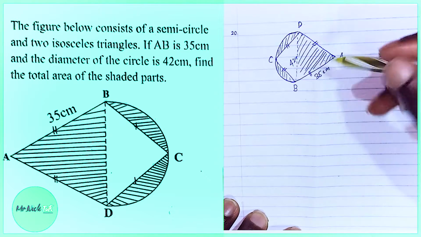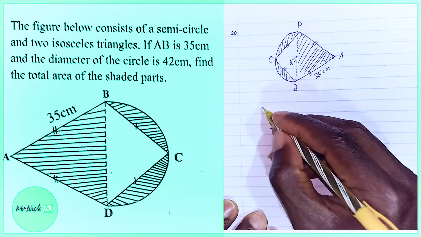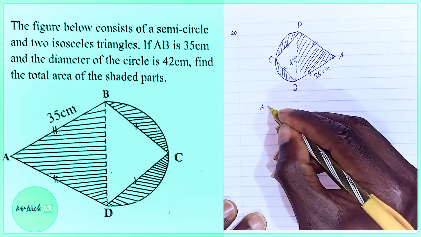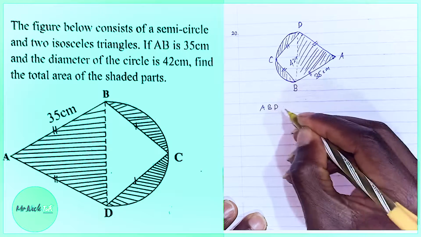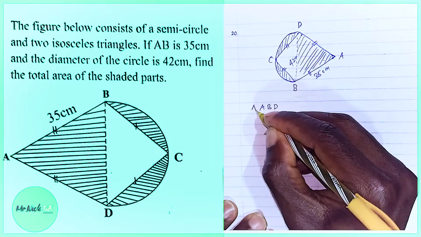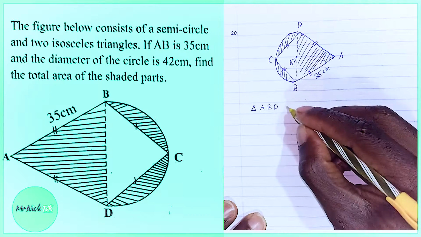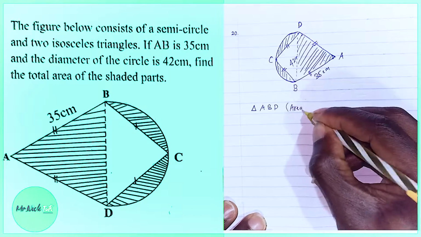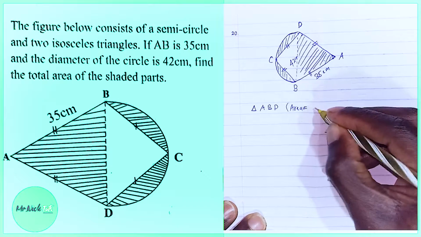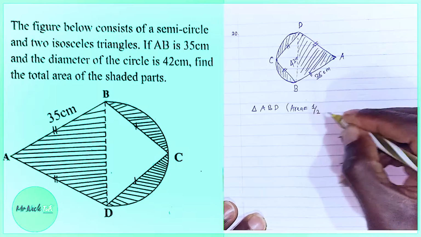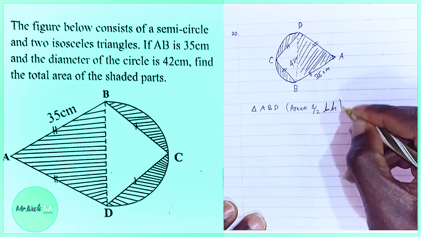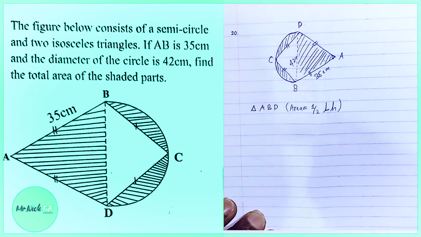So we're going to start by finding the area of the triangle ABD. And we know that the area of a triangle is usually given by a half times base times height. All of us agree with that, isn't it?